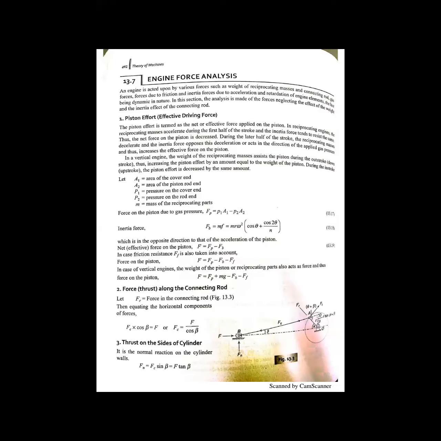A1 is the area of the cover end, A2 is the area of the piston rod, P1 is the pressure on the cover end, P2 is the pressure on the piston rod, and m is the mass of the reciprocating parts. Now observe the force on the piston due to gas pressure, notated as F suffix P equals P1A1 minus P2A2. That is equation number 1.